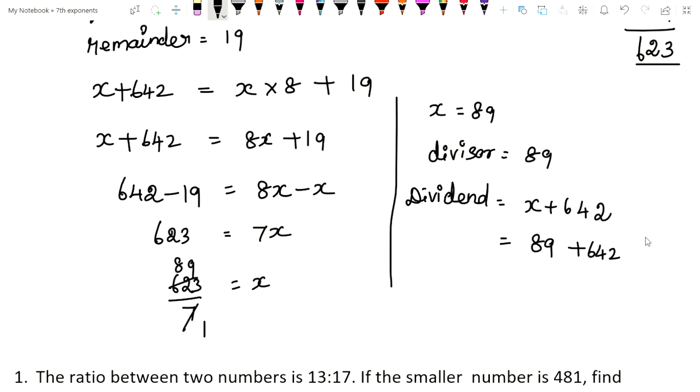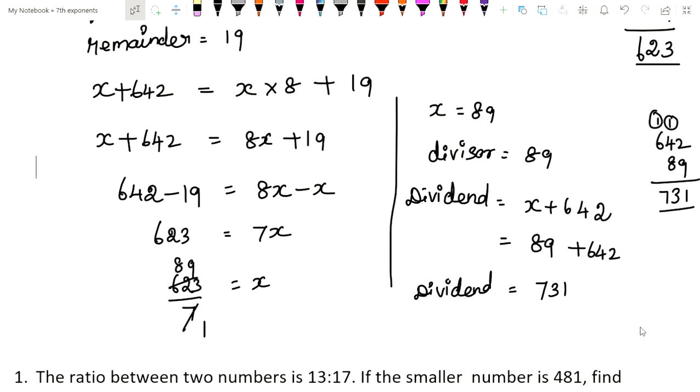Now you add this. 642 plus 89. 9 plus 2, 11, 1 remaining 1. 8 plus 4, 12, 12 plus 1, 13, so 3 remaining 1. 6 plus 1, 7. So what you are getting? 731. So dividend equal to 731. Is it clear, children?